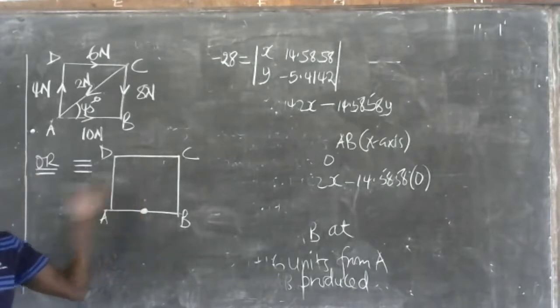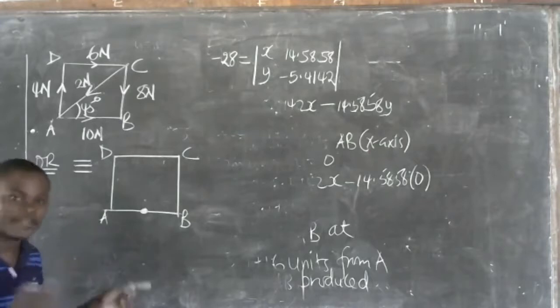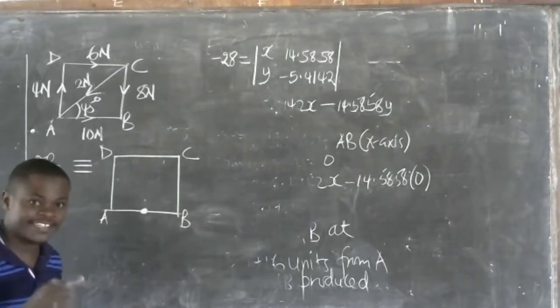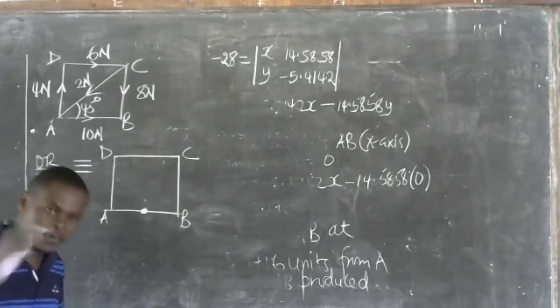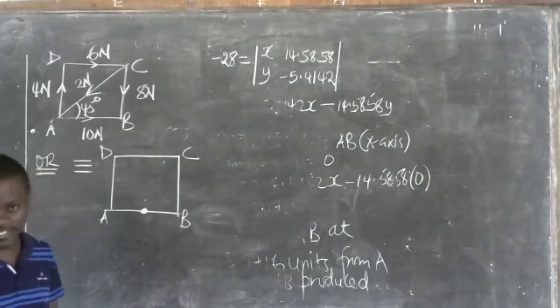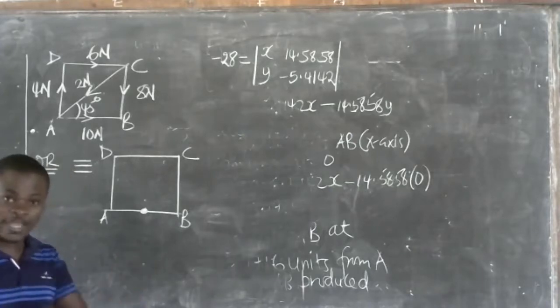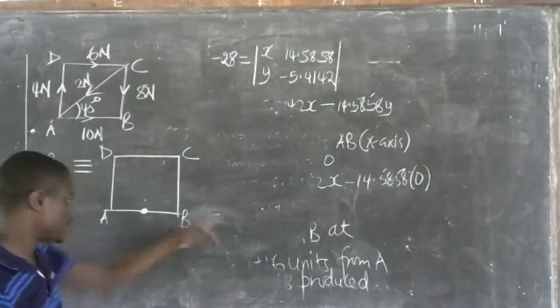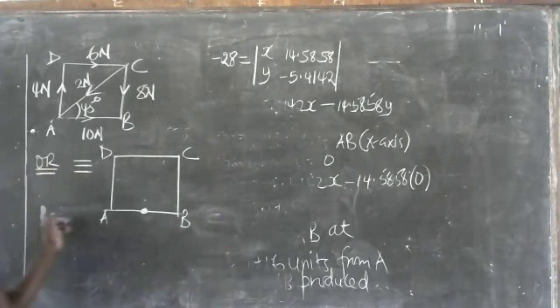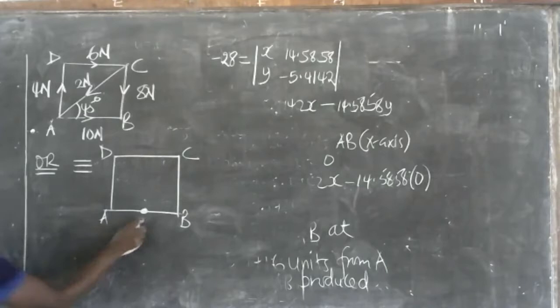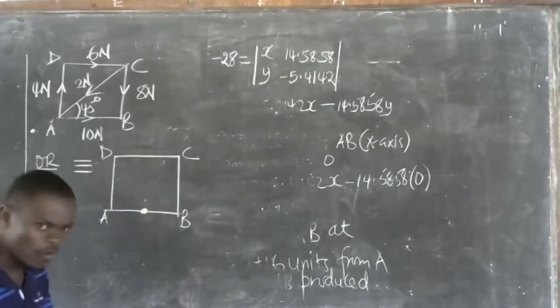Now, this is important because there are questions where they specify the resultant cuts line AB at point E along AB produced. That may not even affect you, but when they say along BA produced, then the other method can cause issues. So if this is the point where the resultant is acting, you put the components.